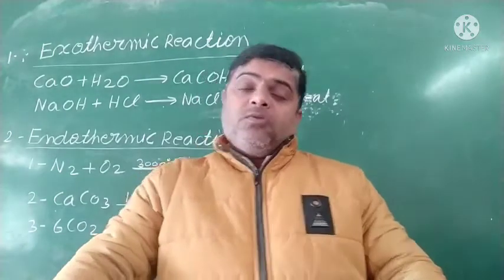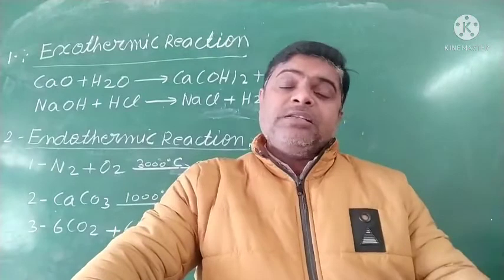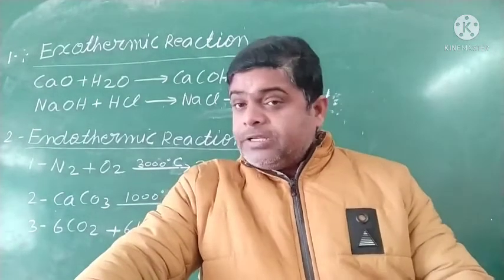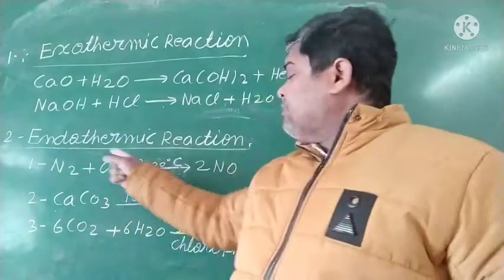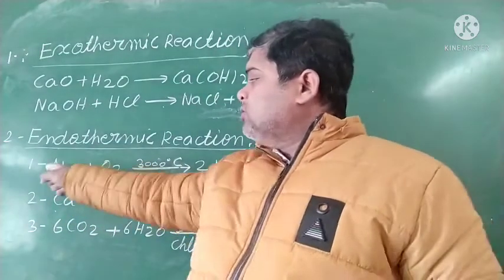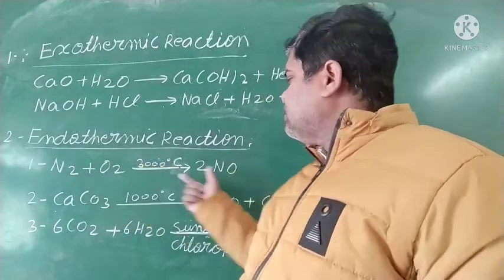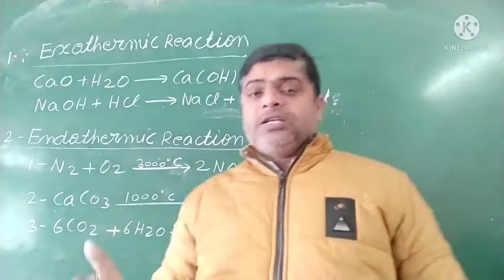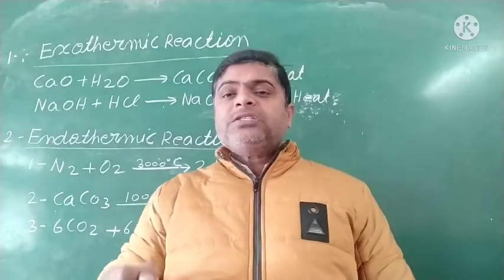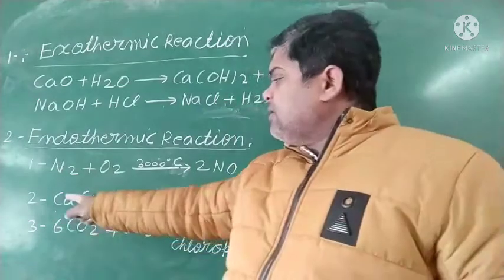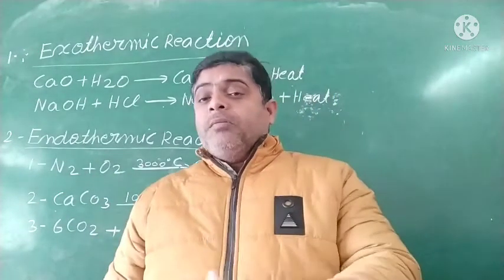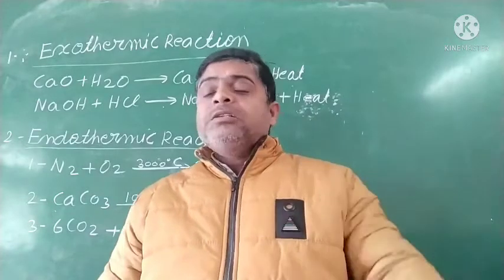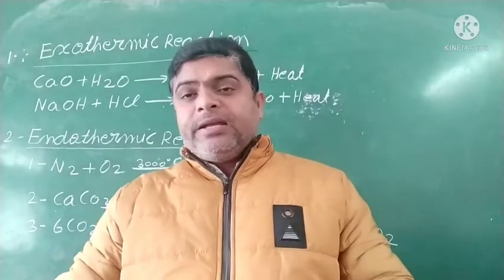Reactions are of 4 types. We discuss them in the higher classes. So student, the first one is the combination reaction. In the combination reaction, 2 or more things join together and form a single product. Second one, decomposition, where a bigger molecule breaks into 2 or more simpler substances by heating.